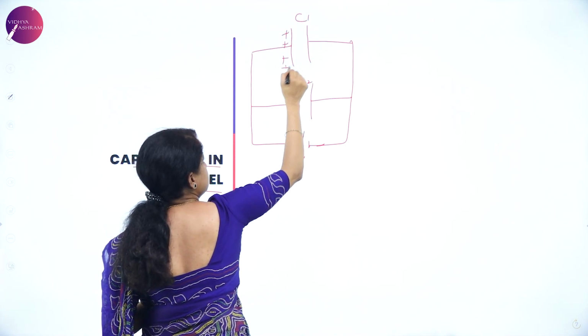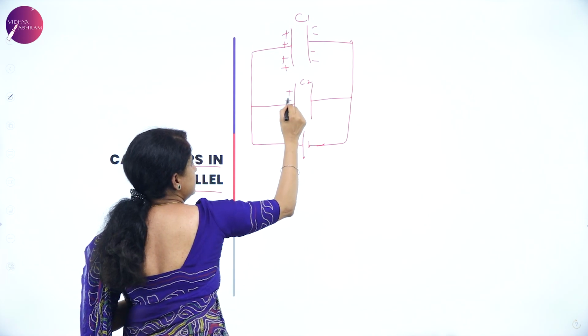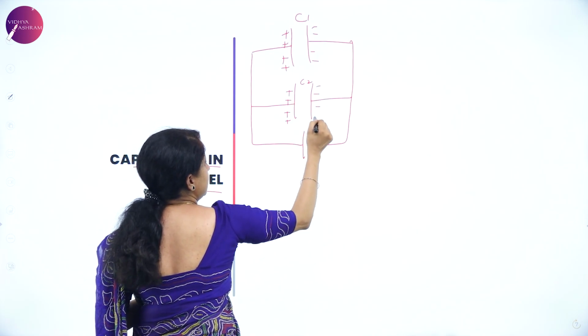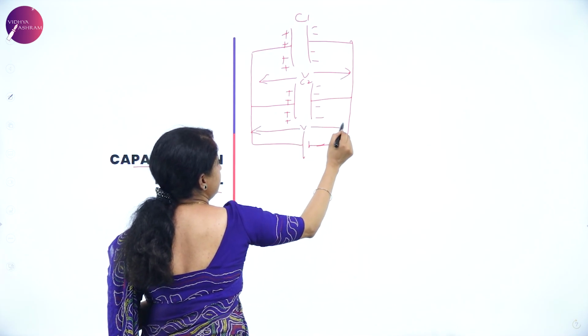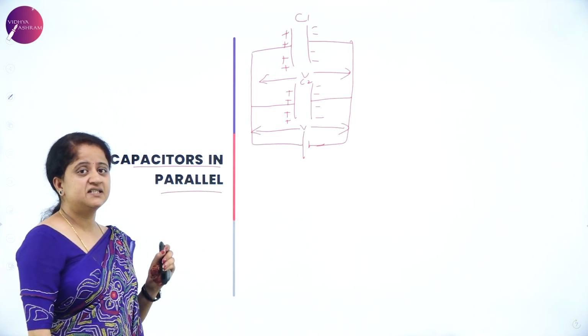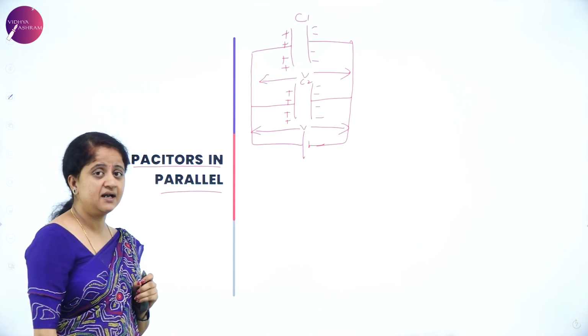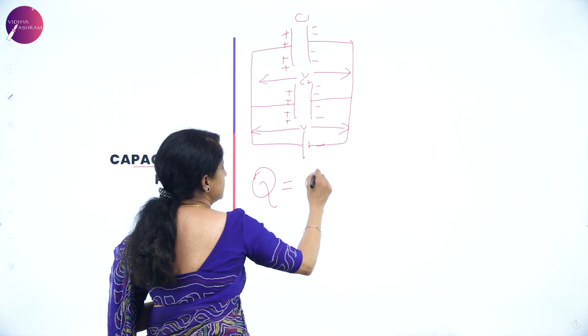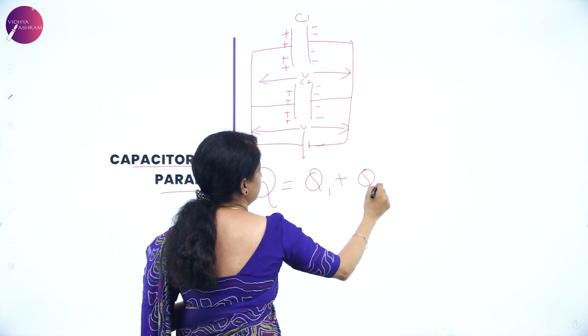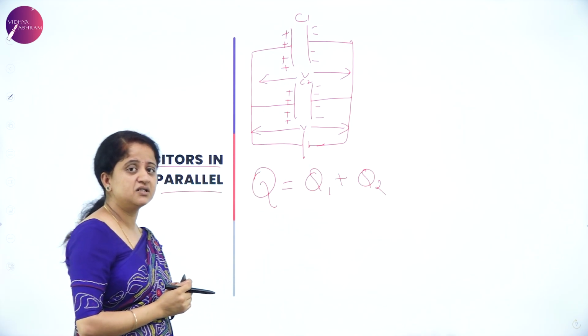So these two capacitors are connected in parallel in such a way that the potential across these two capacitors remains the same, which means V and V for both the capacitors, but the charges on each capacitor are different, which means the total charge is equal to the sum of the charges on both the capacitors, that is Q1 plus Q2.